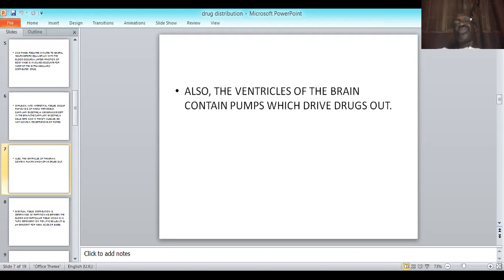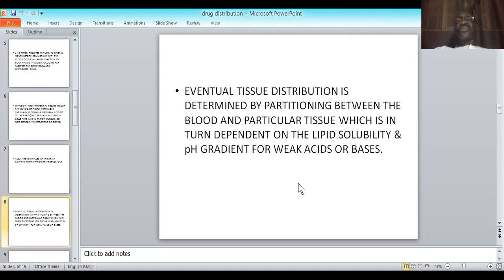And of course, this can also be protective for the brain when toxic substances are in the blood. The tissue distribution of drug is determined by partitioning between the blood and particular tissues, which is in turn dependent on the lipid solubility and pH gradient for weak acids and bases.